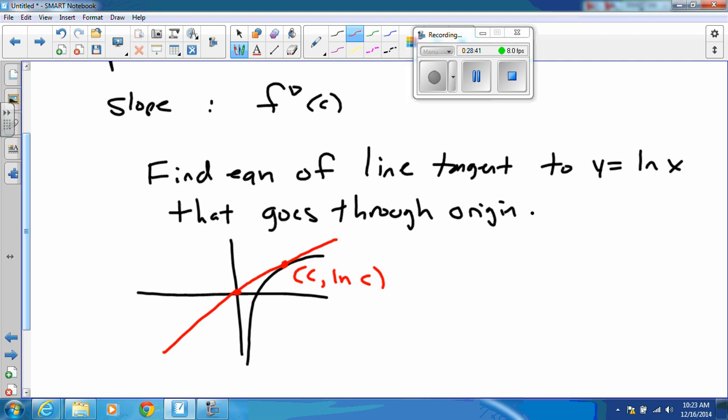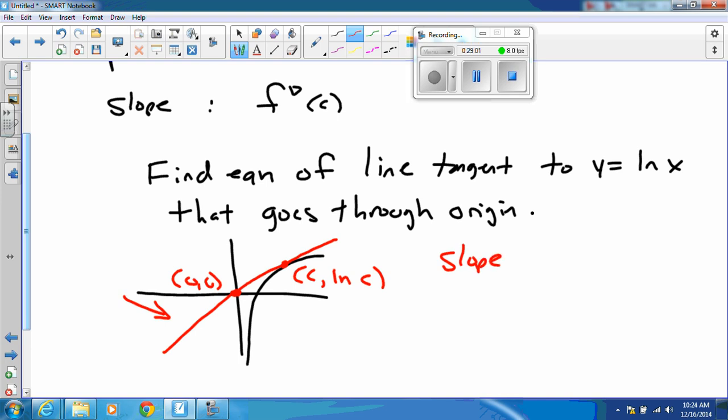Call it a variable, that's right. This is going to be c comma f of c, or c comma ln c specifically, because my function is natural log. And now, what can I say about the slope of this line? I can say two things about the slope of this line.